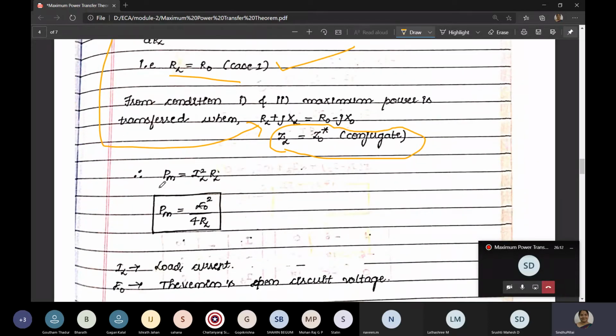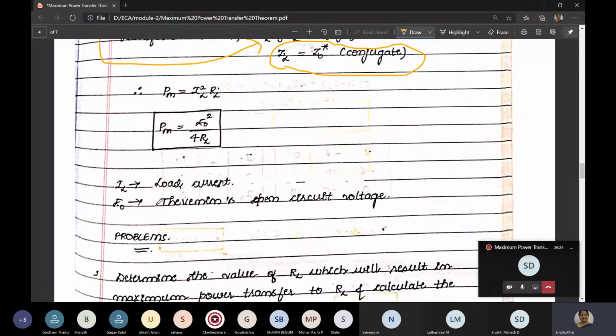So maximum power transfer PM is equal to IL square into RL. We have derived in the first case that PM is equal to E naught square divided by 4RL, where IL represents the load current and E naught represents the Thevenin's open circuit voltage.